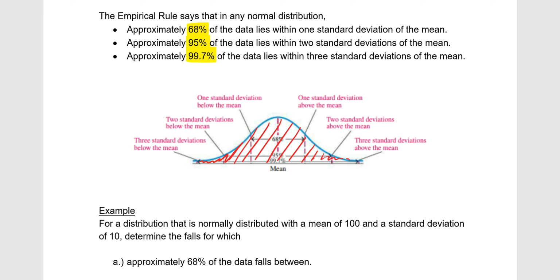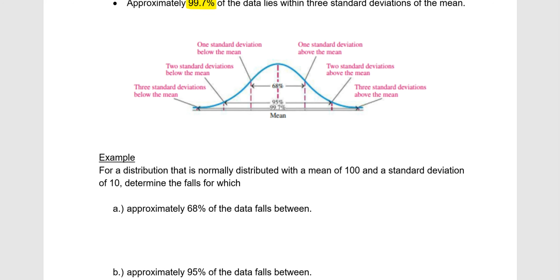So it should make sense that that's about 99.7%. And we could go, if we really, really wanted to, to 4 standard deviations away, but we don't have to do that really because 99.7% of the data is already almost all of the data. So that's usually where we tend to stop.